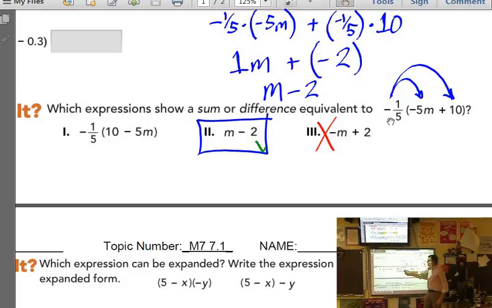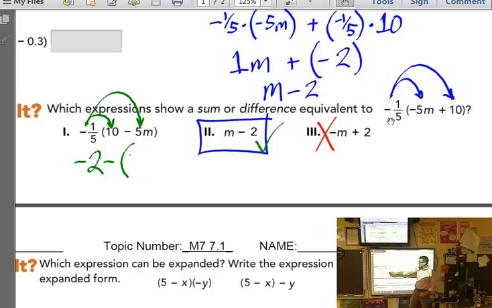What about option 1? So let's check. What's negative 1/5 times 10? Well, negative times positive, a fifth of 10, we get negative 2. Negative 1/5 times 5m, or I could treat it as negative times negative if I treat this as a negative instead of a minus, but I'm going to treat it as a minus first.